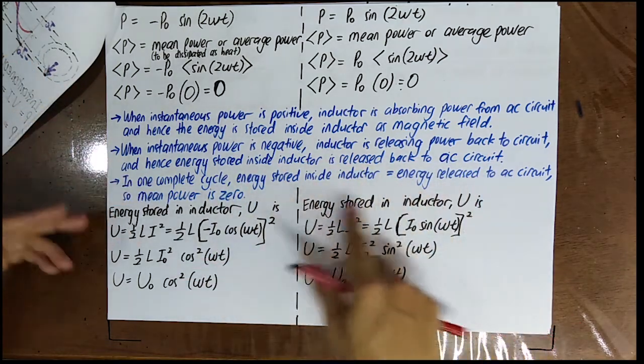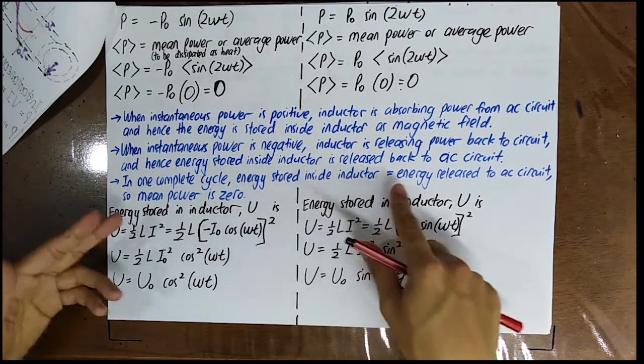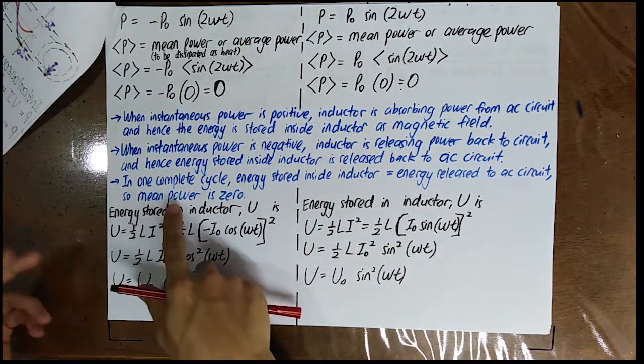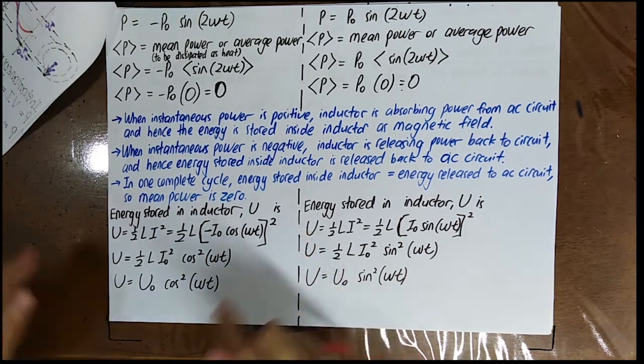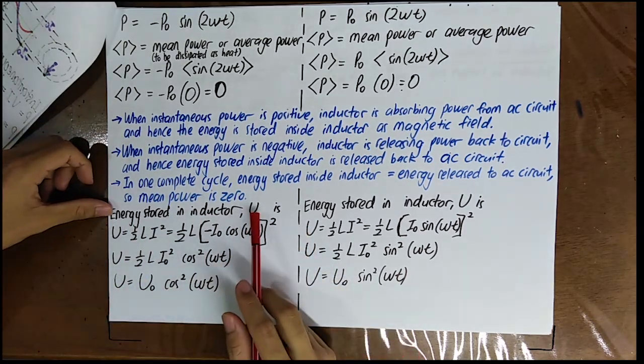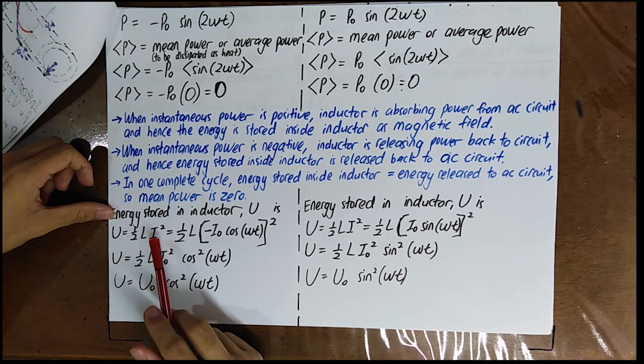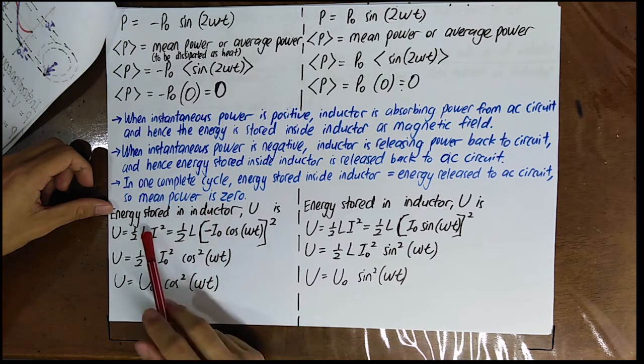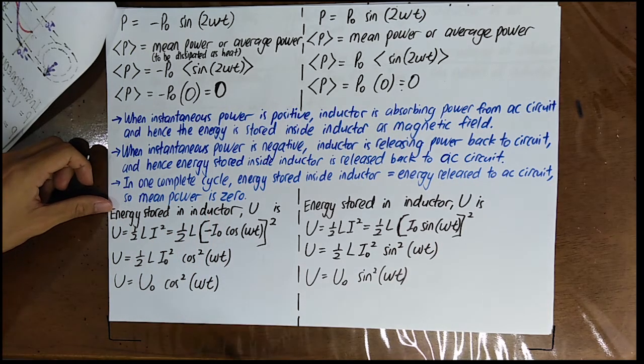So whatever energy you have gained, you will ultimately lose it to the circuit again. Therefore, the mean power is 0. So the energy stored in the inductor is half Li squared. That means that when the current is maximum, the energy stored in the inductor is maximum. Okay?